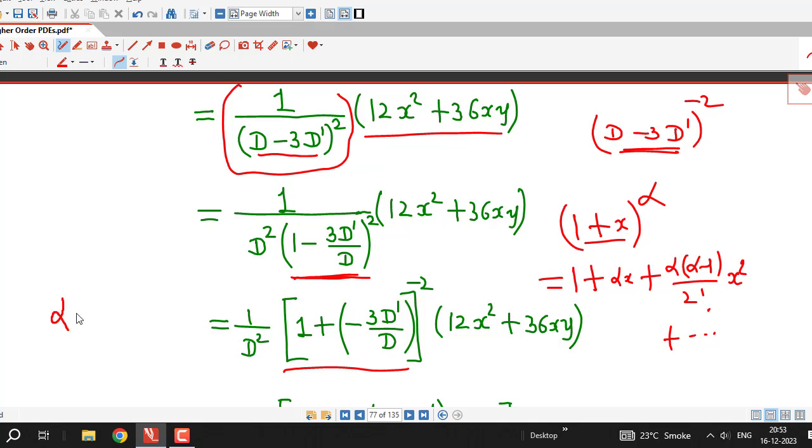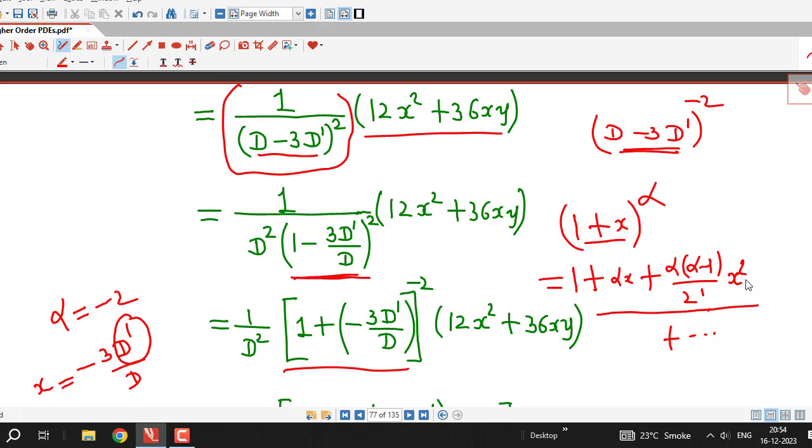You can see alpha is minus 2, and instead of x I have minus 3 D dash divided by D. This is going to be x in this formula, and here in the numerator I have the partial derivative with respect to y, because I have D dash in the numerator, and I have to write these terms here.